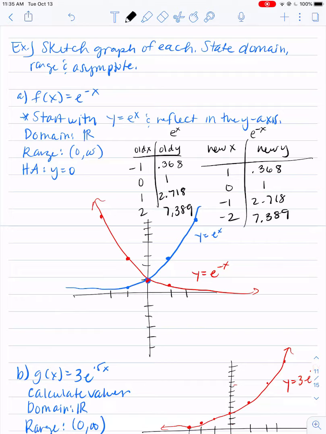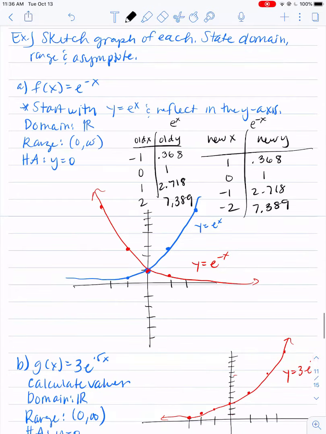We could start with y = e^x and reflect in the y-axis. By reflecting in the y-axis, we're basically doing the opposite of our old x values. Since our old x was negative 1, our new x is going to be 1, 0 is going to be the same, our old x was 1, our new x is negative 1, old x is 2, new x is negative 2. And then we keep our y values.